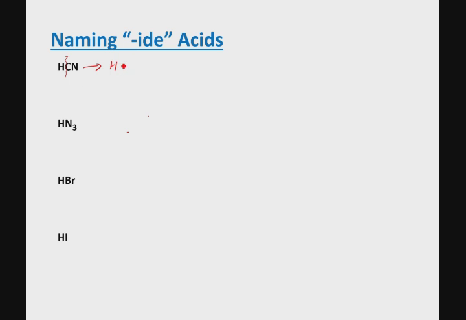When HCN ionizes, it will produce H plus and CN minus. CN minus is a polyatomic anion whose name is cyanide. Once again, because the name ends with an "-ide", this acid falls under the "-ide" acid category.